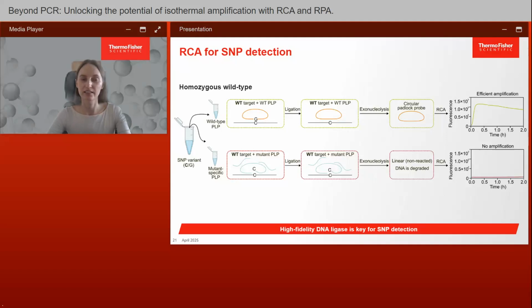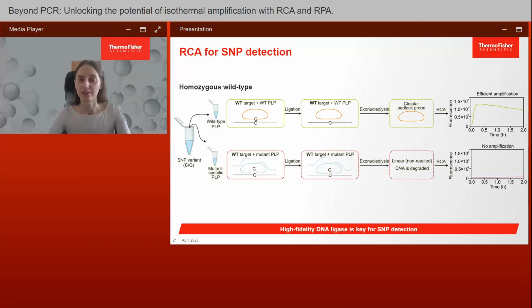Any unligated linear DNA is then removed by exonucleases 1 and 3, and the remaining circular DNA is amplified via rolling circle amplification, RCA, and reaction products can be detected using molecular beacons, CRISPR-Cas detection systems, nucleic acid stains, and more. On the other hand, if the PLP has even a single base mismatch, as with the mutant-specific padlock probe in this example, circularization does not occur.